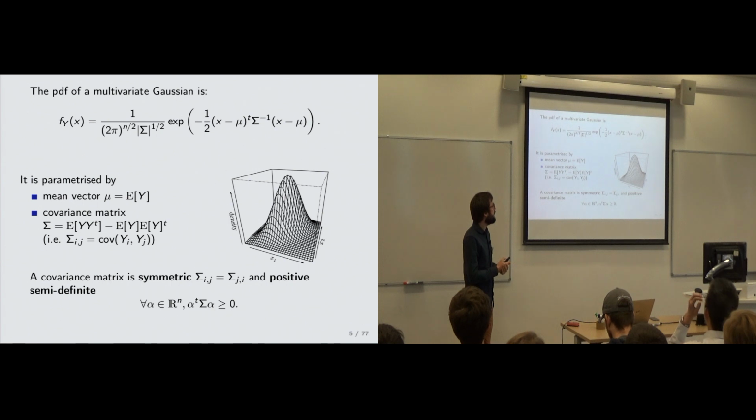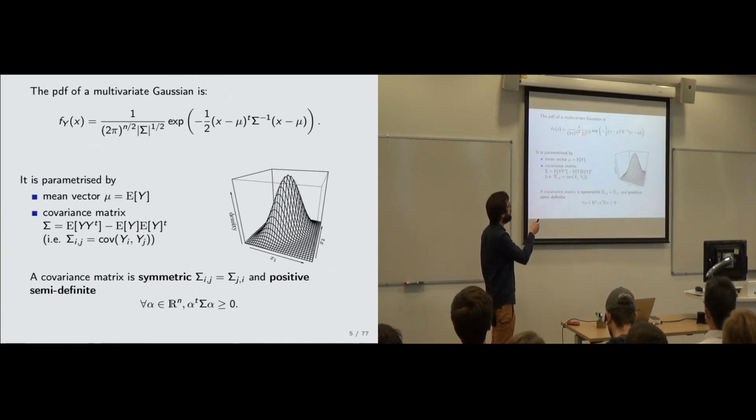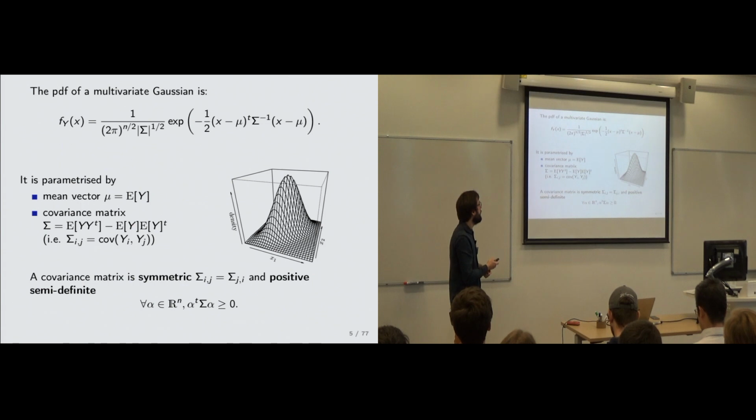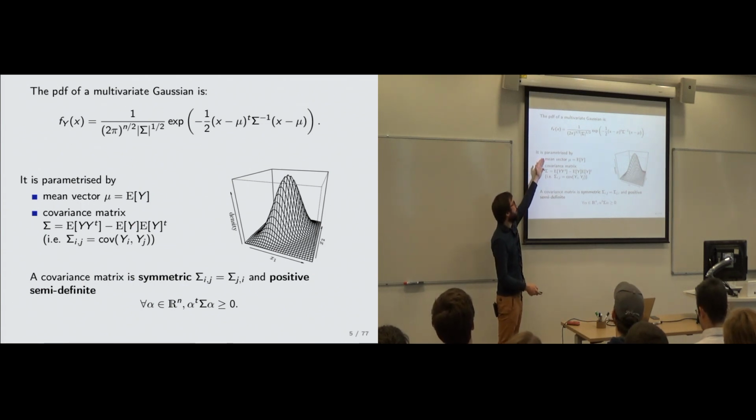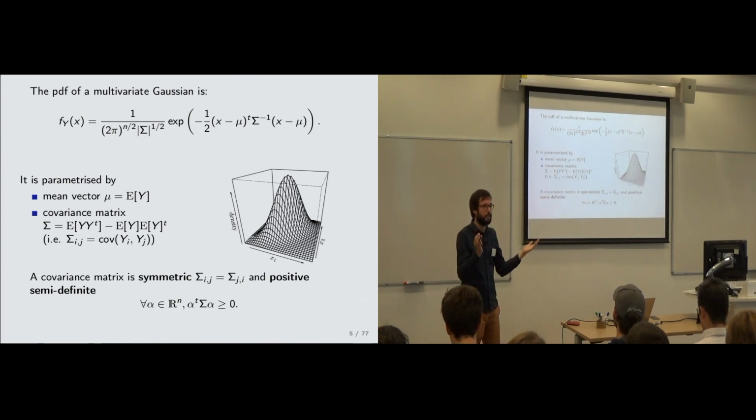So that's the same expression Rich gave earlier. And this is just the generalization of the 1D case, because if you replace this covariance matrix by just a scalar value that is the variance, and if you replace the mean, which is a vector here, by just a scalar value, you end up with the exact same expression as we have in 1 dimension. This distribution is parameterized by the mean, which is now a vector, and the covariance, or the variance, which is now a matrix instead of just a scalar value.